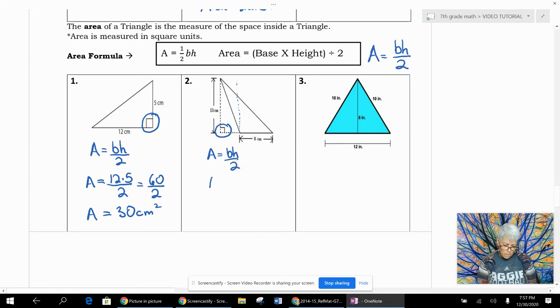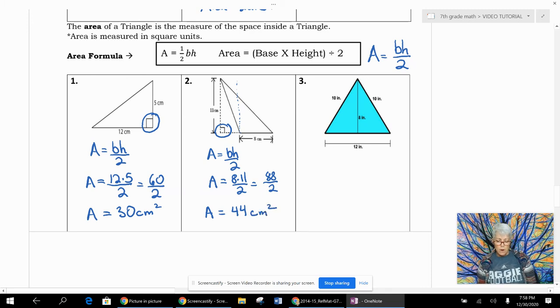So area equals 8 times 11 divided by 2. Now you probably know 8 times 11 is 88. So if you divide 88 in half, you get 44 centimeters squared.